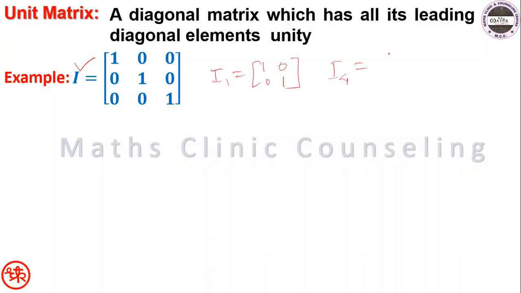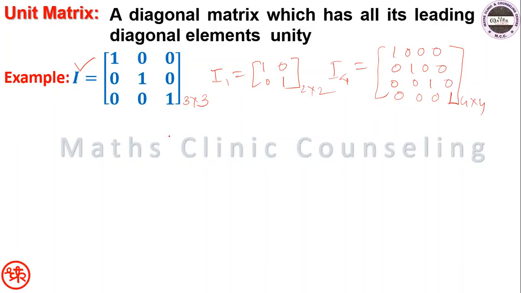I4, fourth order, is equal to 1 0 0 0 0 1 0 0 0 0 1 0 0 0 0 1. Okay, this is fourth order, this is second order 2 by 2, 4 by 4, 3 by 3. Is that clear?